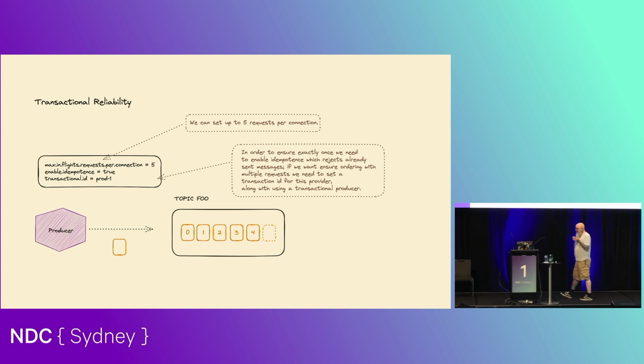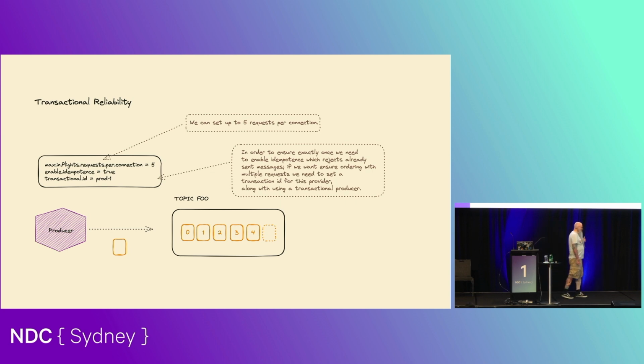And so effectively, you can create a transaction that says, please only send this once. What you do is that allows you to set maximum in-flight requests per connection higher because it was serialized stuff. And effectively, you can set enable idempotence then to say once only.